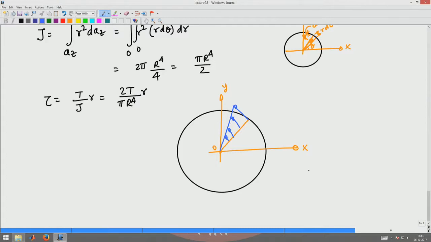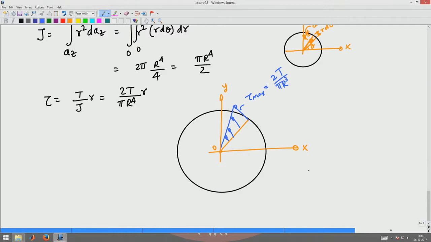The magnitude is going to increase linearly from the origin to a maximum at the periphery, where tau max would be 2T by pi r cube, because r is the outer radius now. So it varies linearly from 0 to 2T by pi r cube.